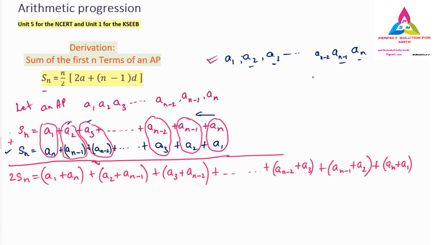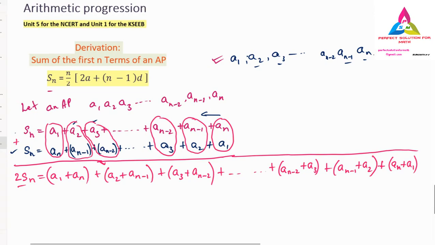This is the thing we found, just to glance over here. So totally you can see we have added both the equations, that is S_n plus S_n, to get 2S_n. Then we have added the whole terms one after the other, and written all the terms this way. I think you don't have any difficulty in this.